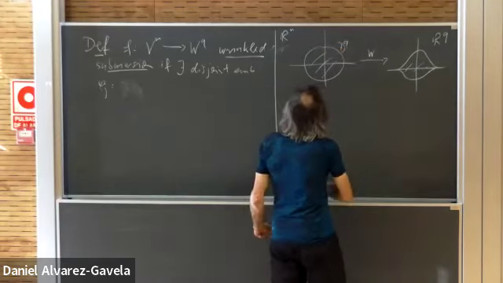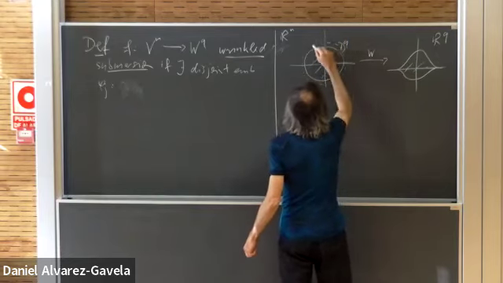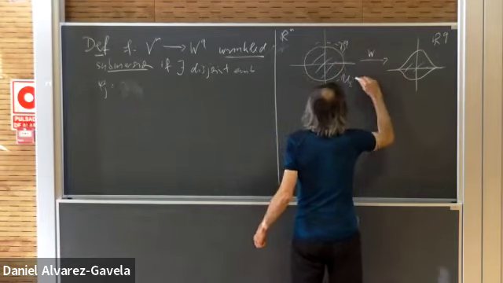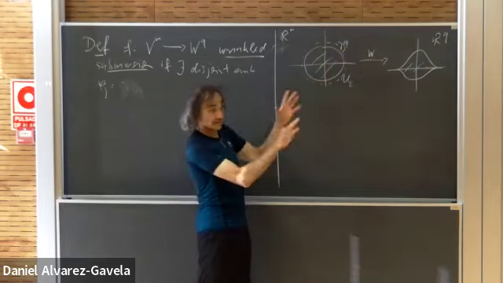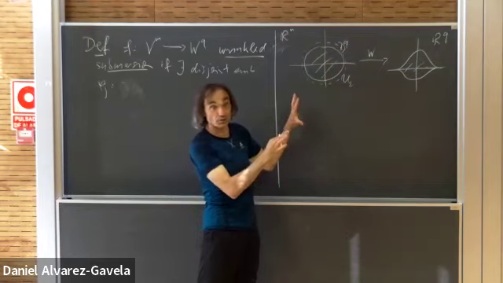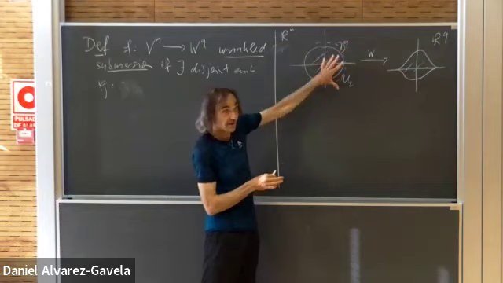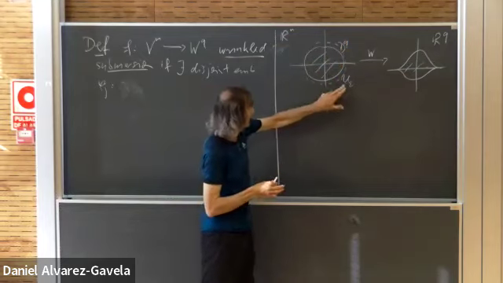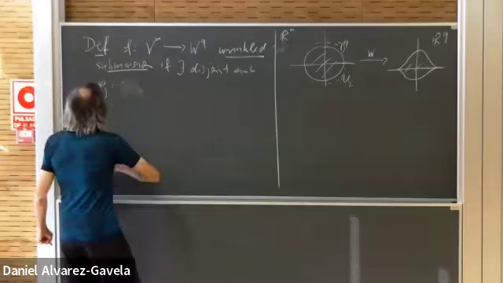Let me take a small open neighborhood of this q-dimensional disk in Rn and restrict the wrinkle to that small open neighborhood. So I think of it as a germ on the small neighborhood of this disk where the interesting stuff happens. I will use this for the following definition.